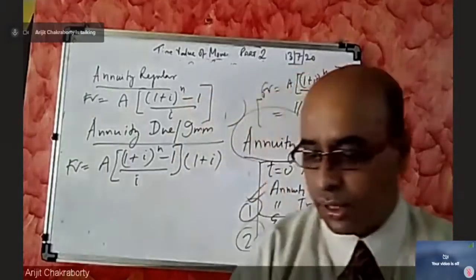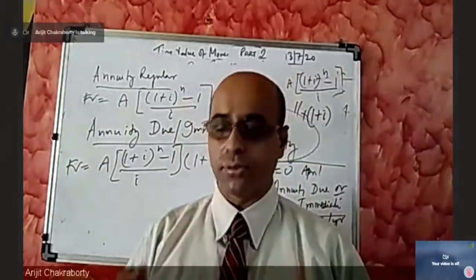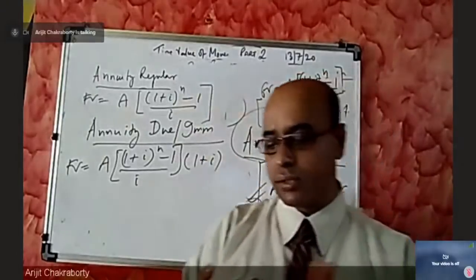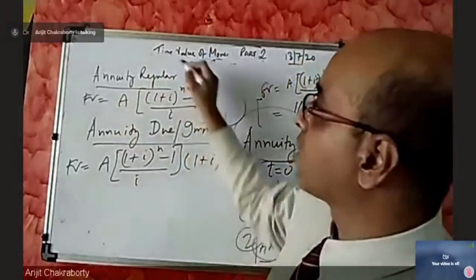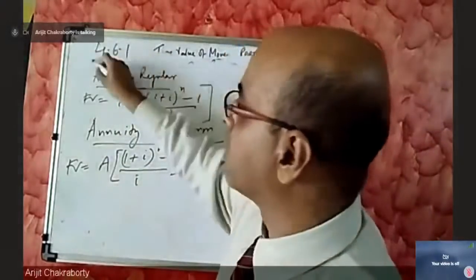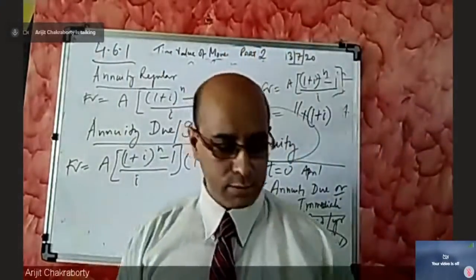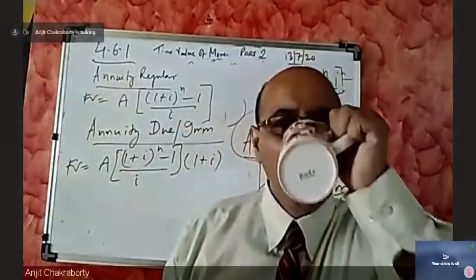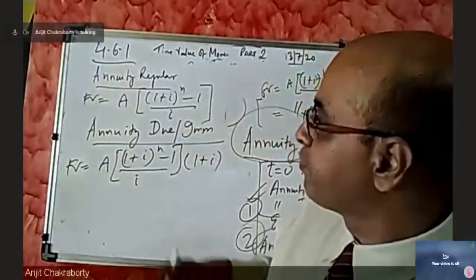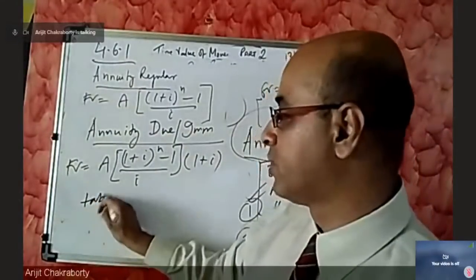So we have understood two types of annuities, annuity due and annuity regular. This is part of unit 4.6.1 of our study material. There are two tables given to us.